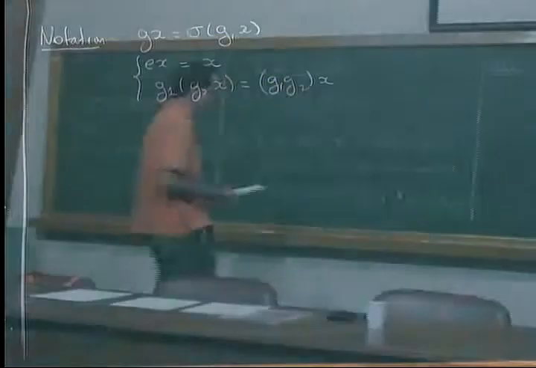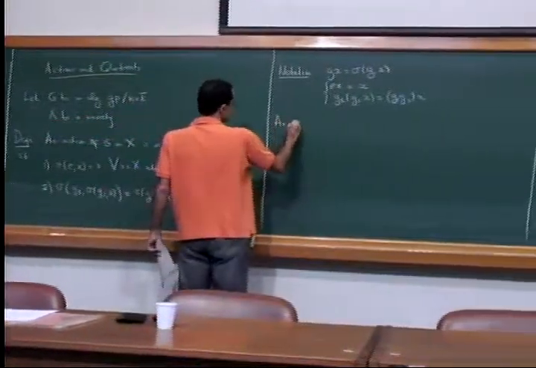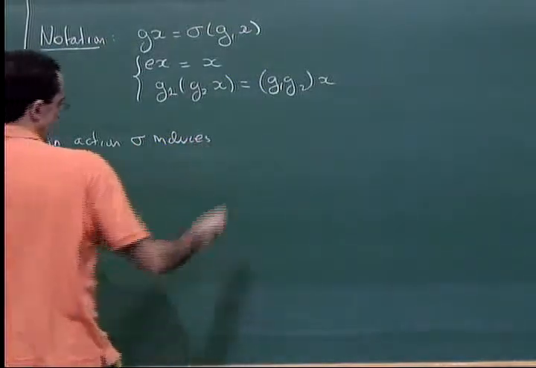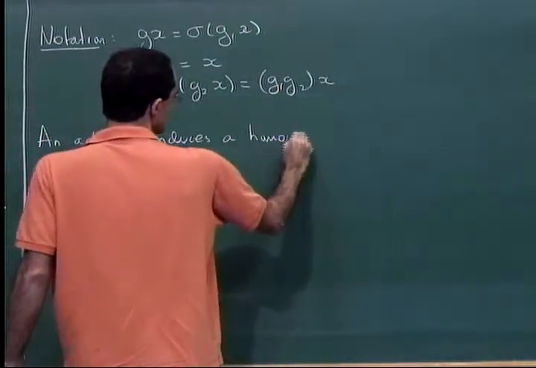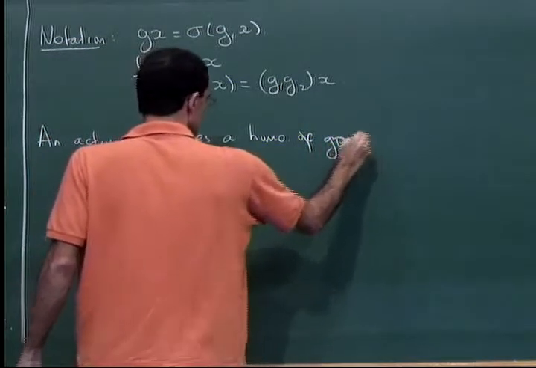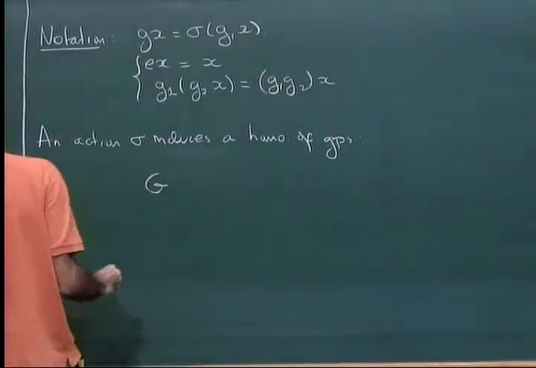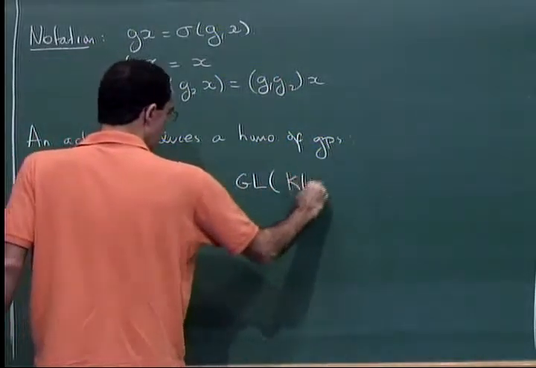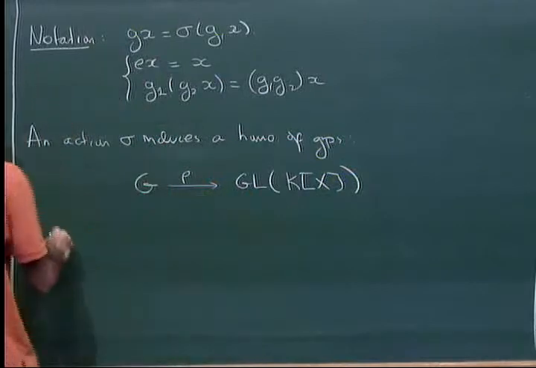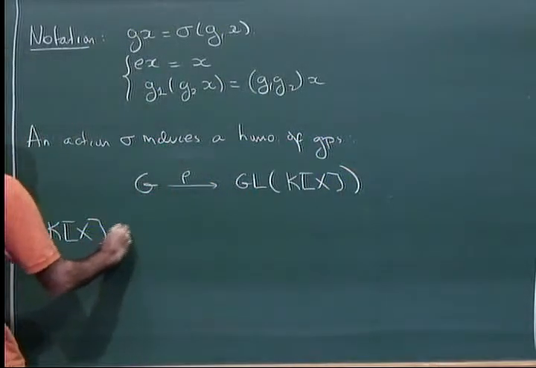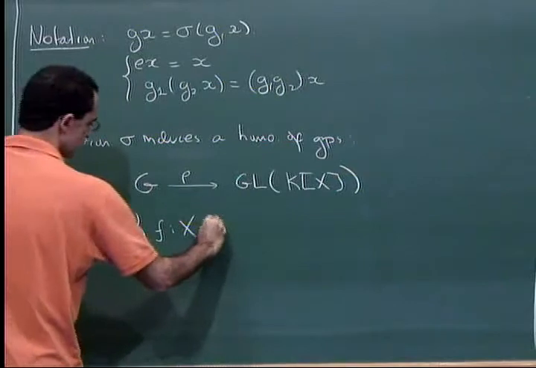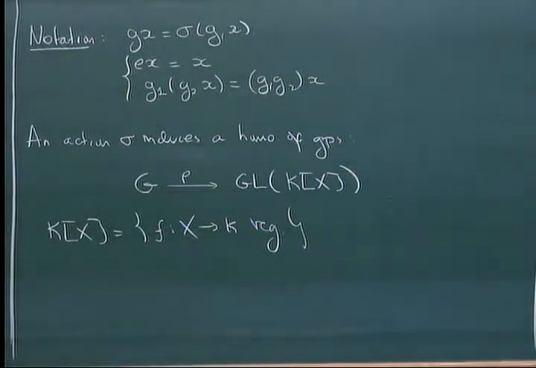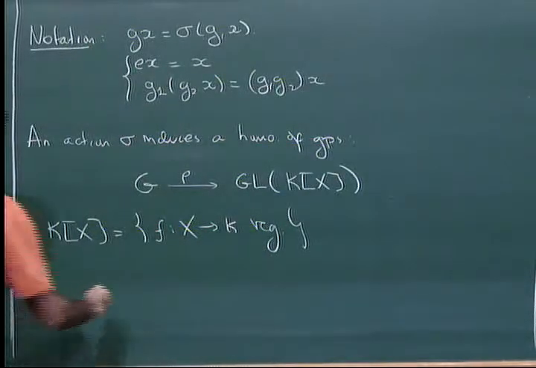So an action, sigma, induces a homomorphism of groups, call it rho, from G to the linear transformations of the ring of regular functions. It's simply given as follows.